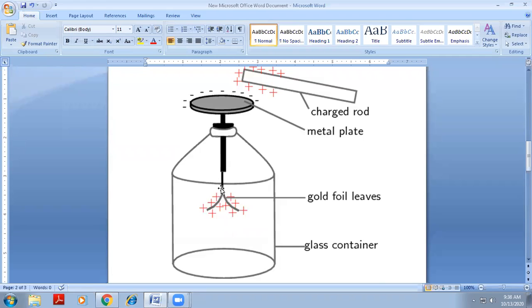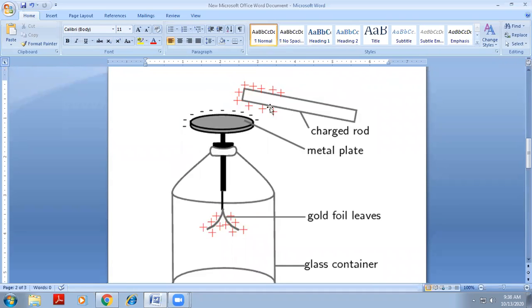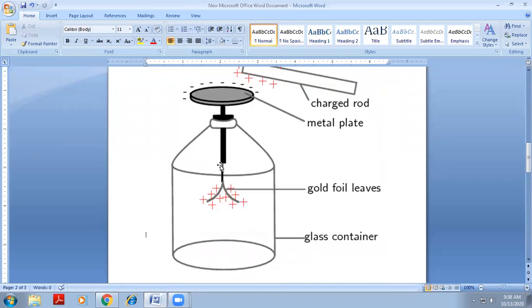Again, I am repeating: the rod has positive charge, the red positive charges. When it comes in physical contact with the metal plate, the positive charges transfer from the rod to the metal plate, and from the metal plate they travel down to the rod, to which we connect the gold leaves, and the same charges are there.